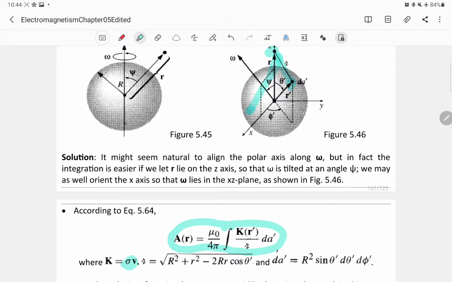Since we're taking it generally, we can just consider a point within the surface of the sphere. So for this particular source point, this is R from the point, and that R is just equal to this one if you do the cosine law. And then of course for a sphere you have dA prime equal to r squared sine theta prime d theta prime d phi prime in polar coordinates.